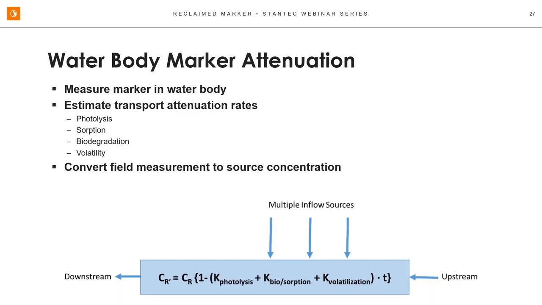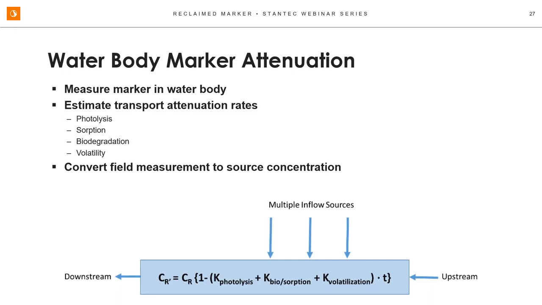If we measure this marker in the water body of interest, and of course we are measuring this marker in all the other possible loading sources, we could do a simple mass balance in terms of concentration and flows in and out of that river to understand the mass load. But what we'd have to overlay is any transport attenuation going on.